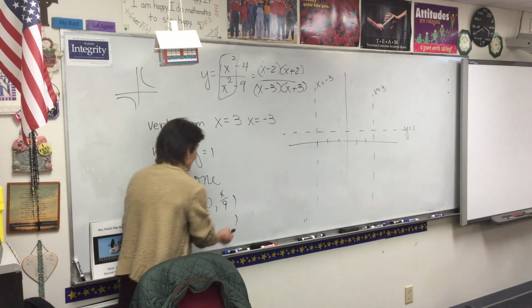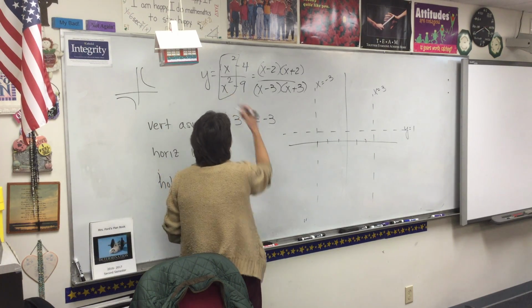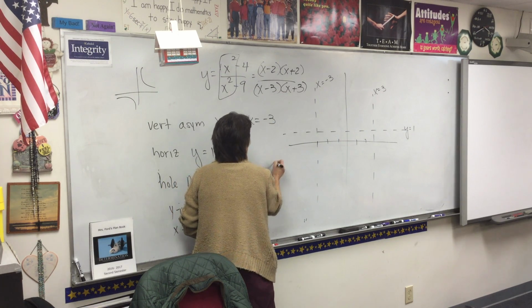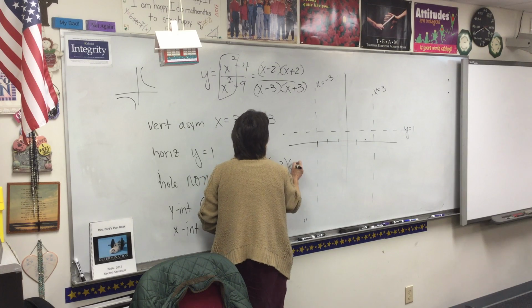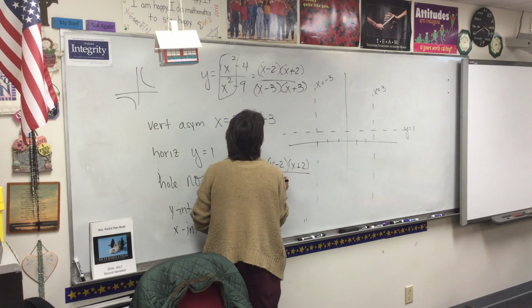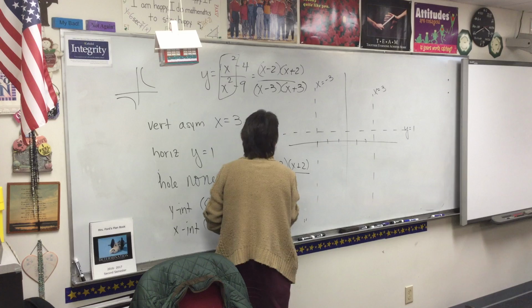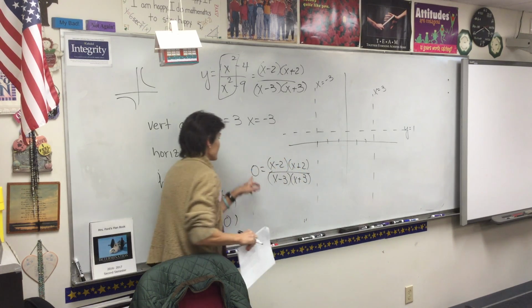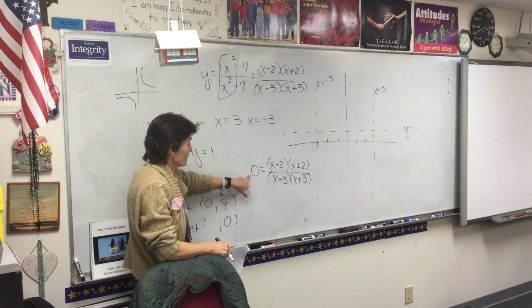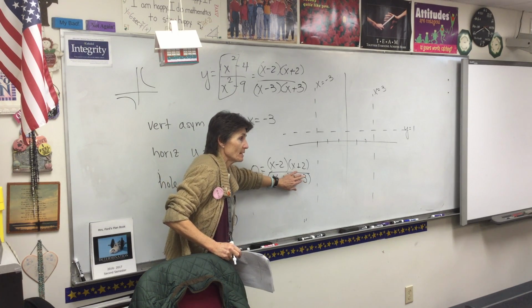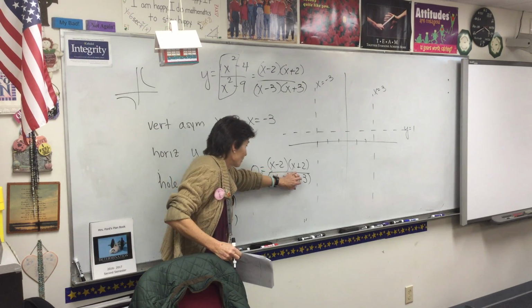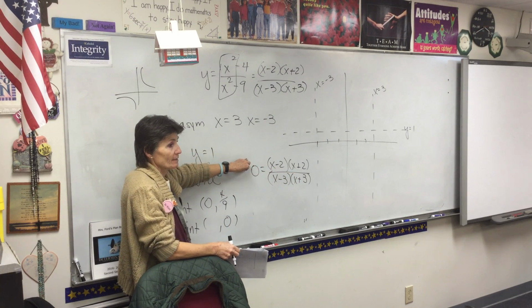Now I'm going to let y be 0. So I'm going to go back to my original problem, and put in 0 for my y. Now what's going to happen to the denominator? It's going to disappear, because you're going to bring it over here and multiply it.